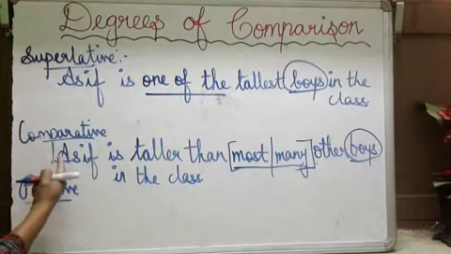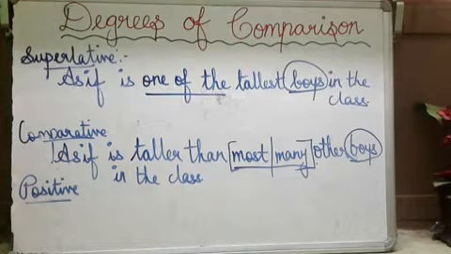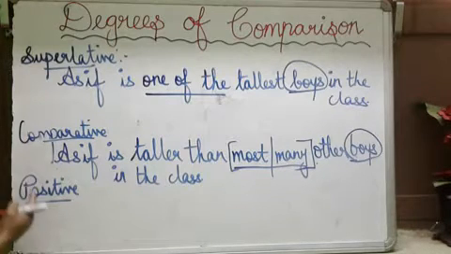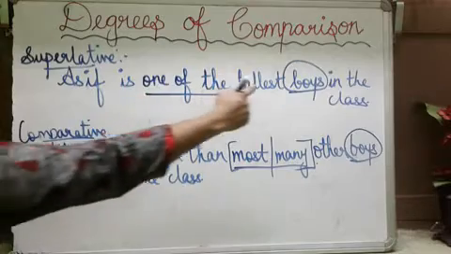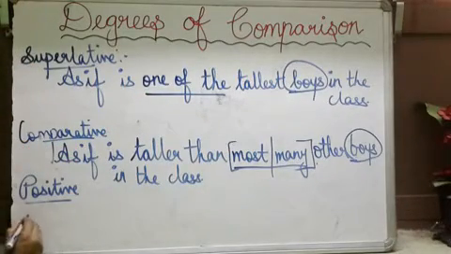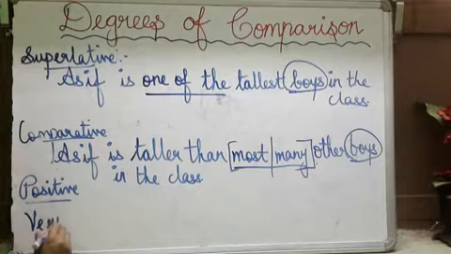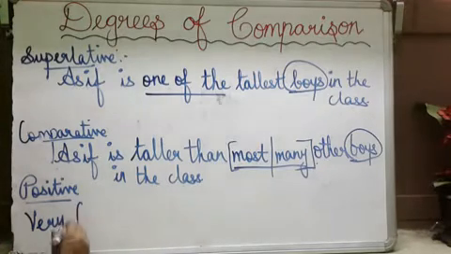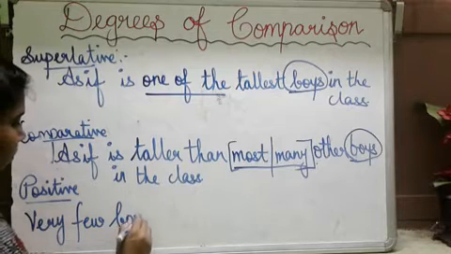Now similarly in the positive degree, how are we going to start? In the first pattern we started using 'no other boy'. Now in this the boys are in plural form, is it not? So we will begin the sentence using 'very few boys'.